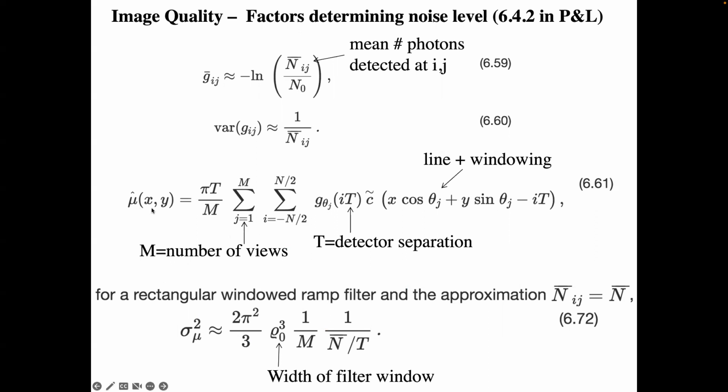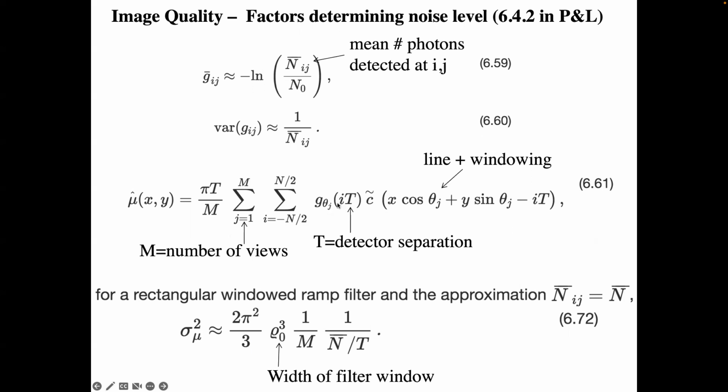And so he writes down, first, essentially the inversion, the convolution back projection of our data, but in discrete form. So we've got the number of views, which is M. So we've got a set of G values for a set of angles.